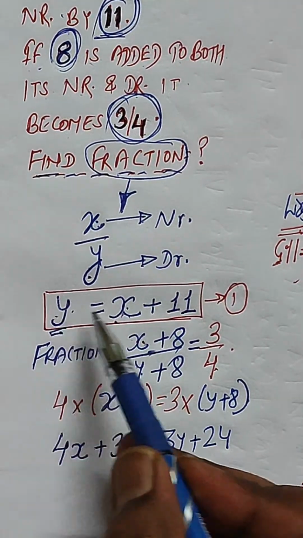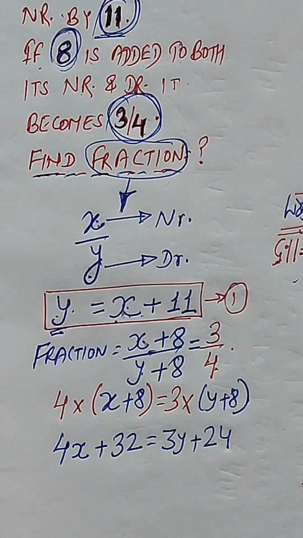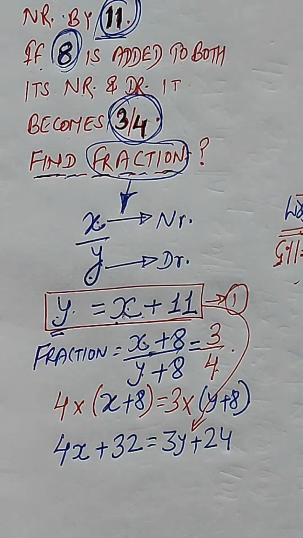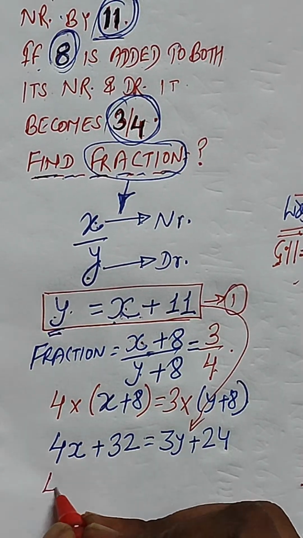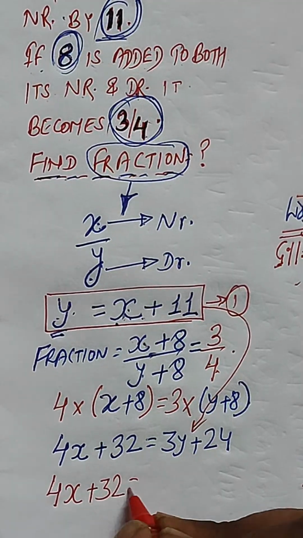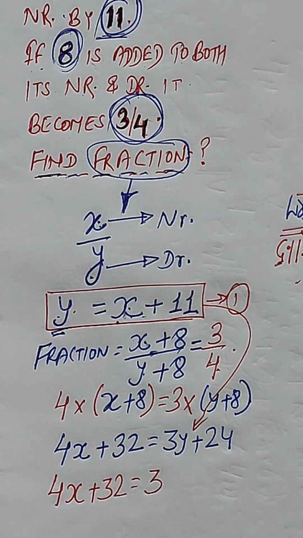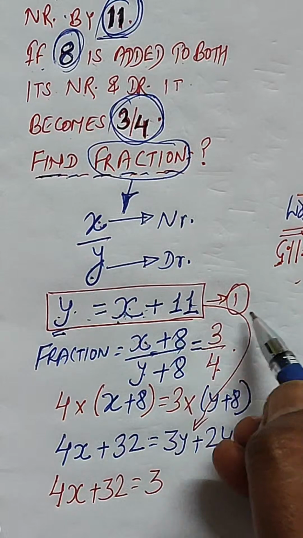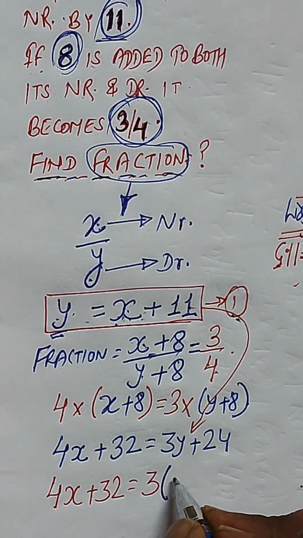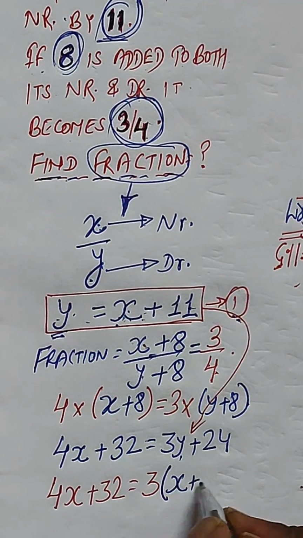Now since y is equal to x plus 11, why don't you put this value in place of y? So it will be 4x plus 32 is equal to 3 times the value of y, that is x plus 11, from equation number 1, plus 24, right?